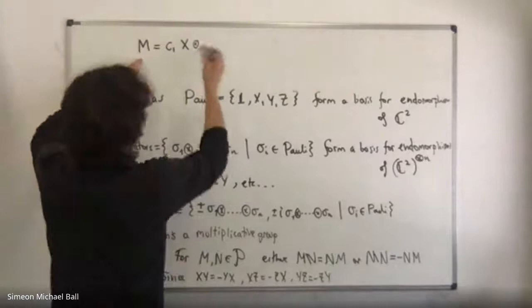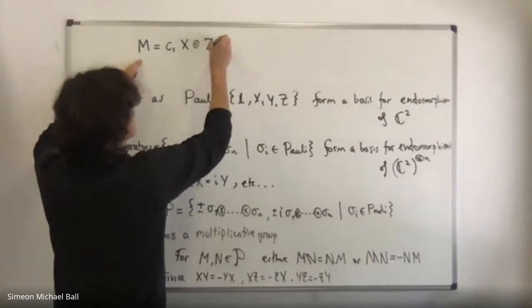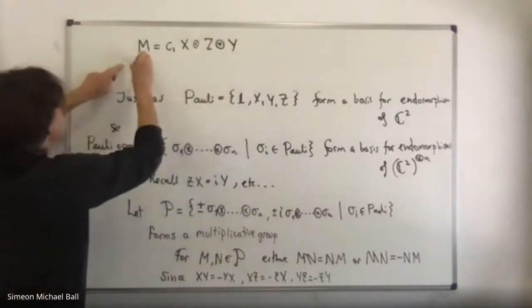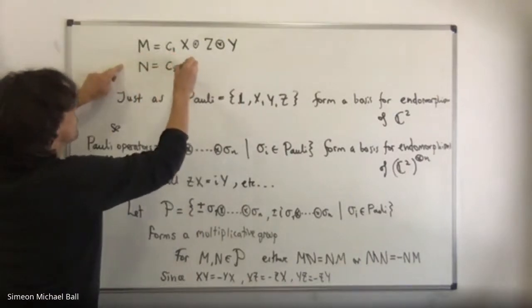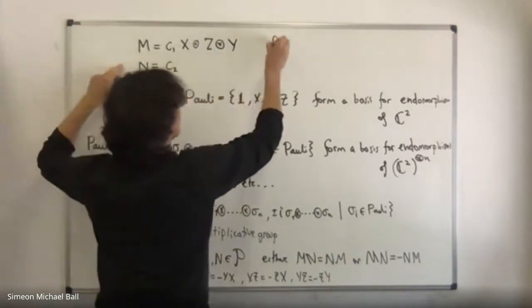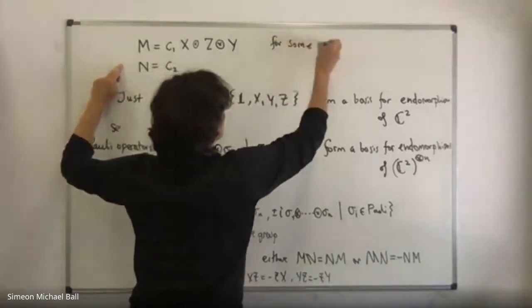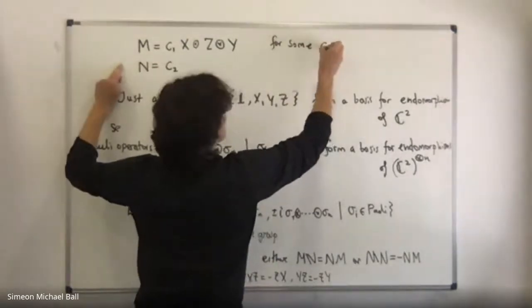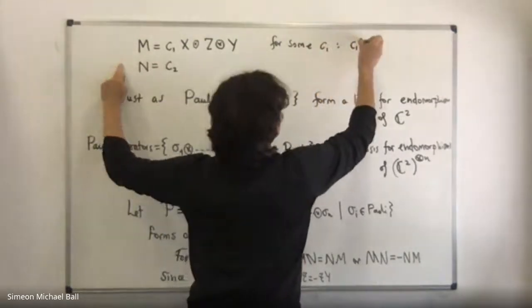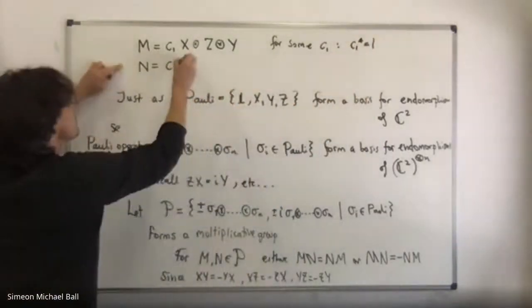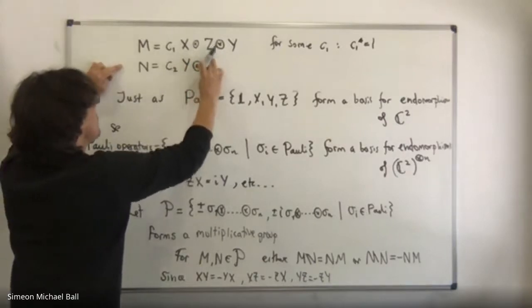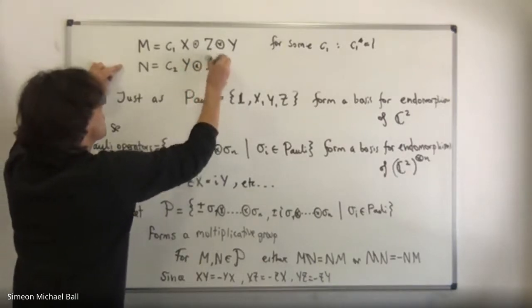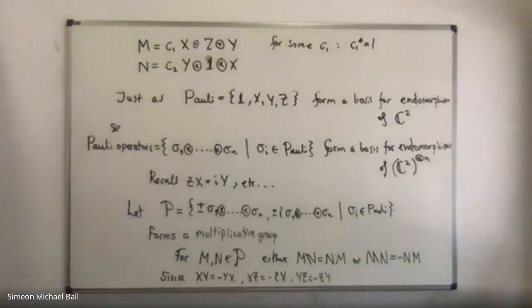And N is c2 Y, 1, X. Then I claim that these two will commute.